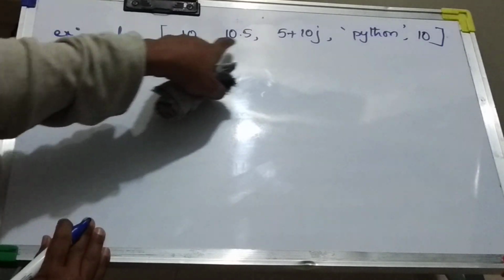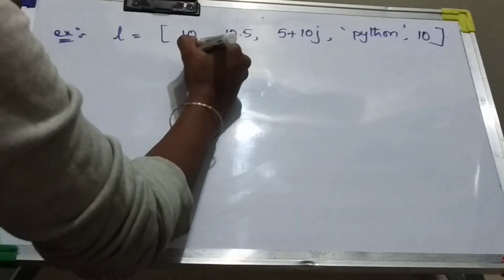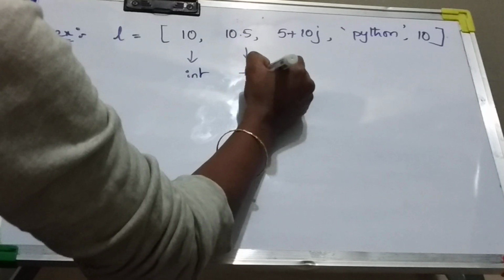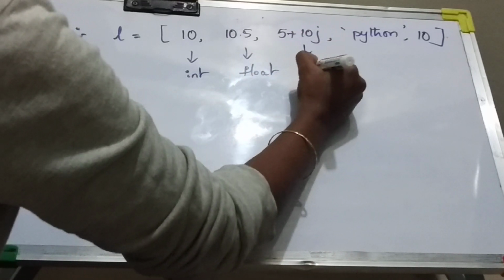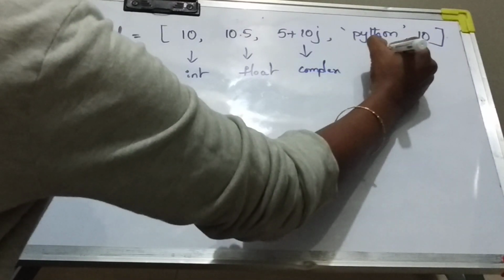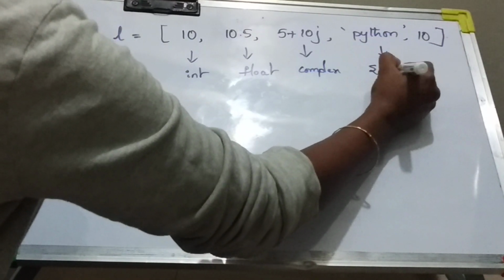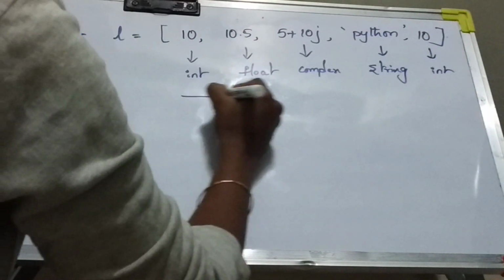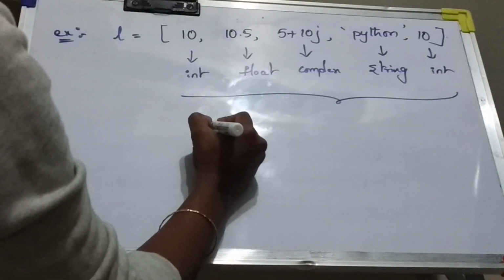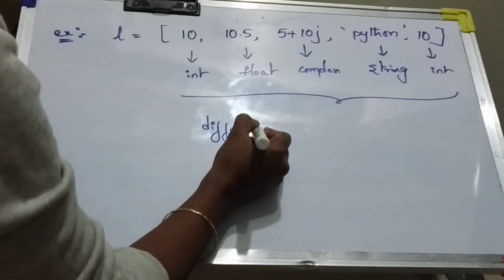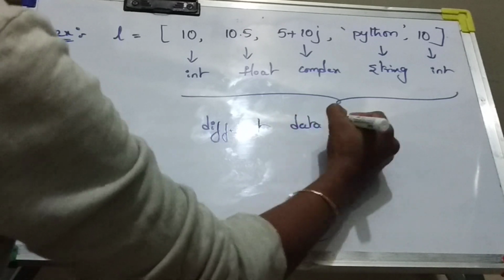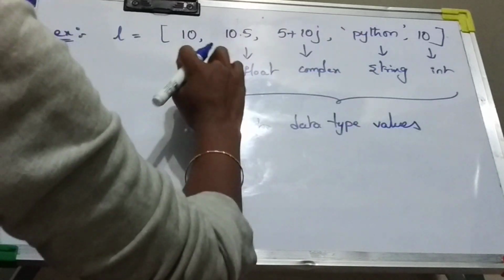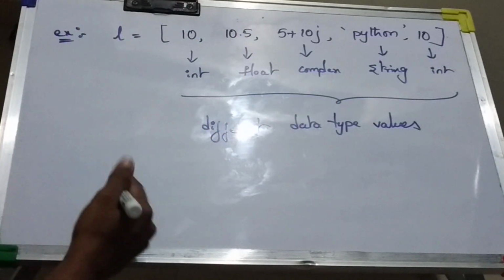This is the list. A list is a collection of different data type values. This one is int, this is float, this one is complex, this one is string, and this one is int. These are different data type values. Int and int both appear, which means duplicates are allowed.